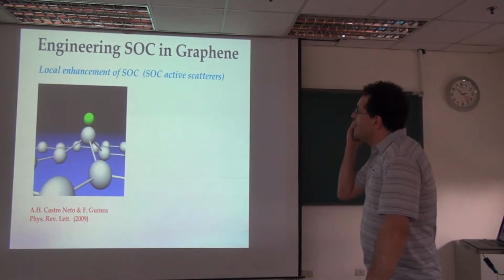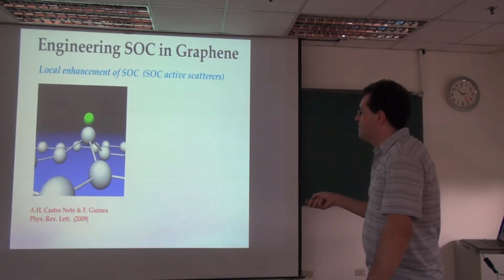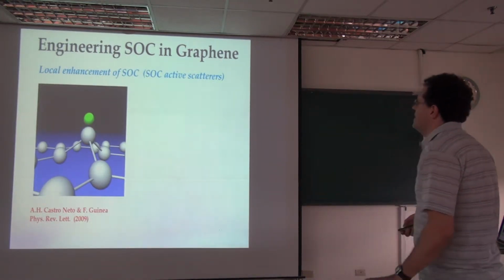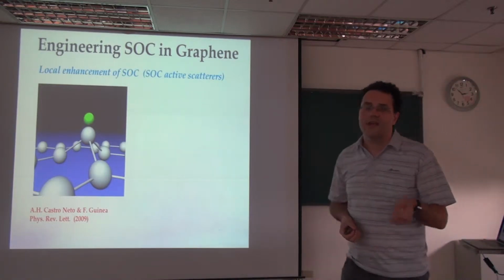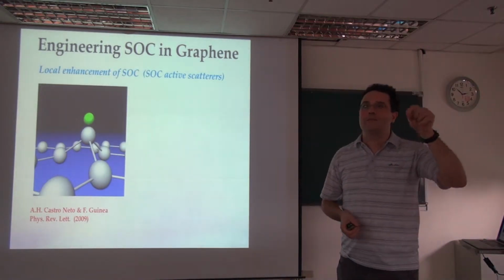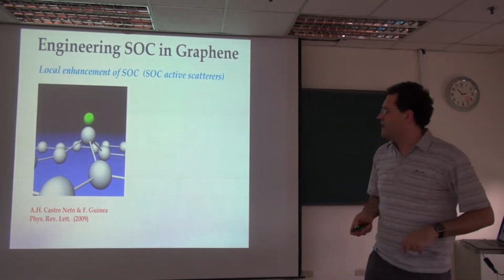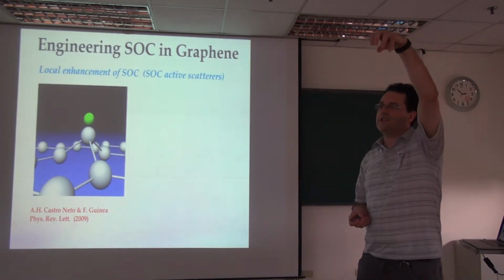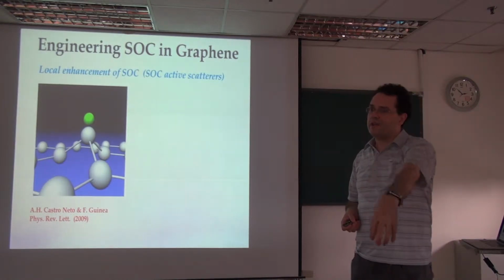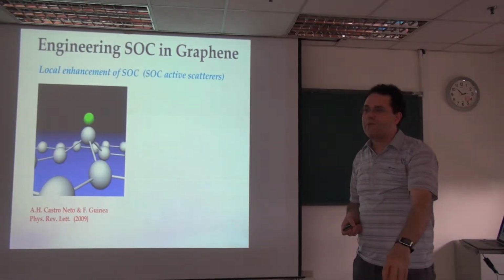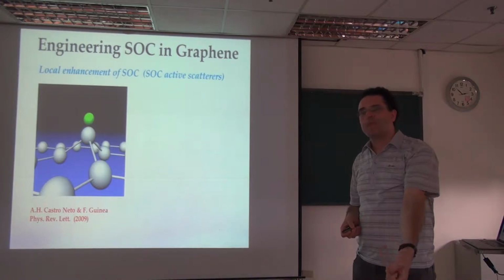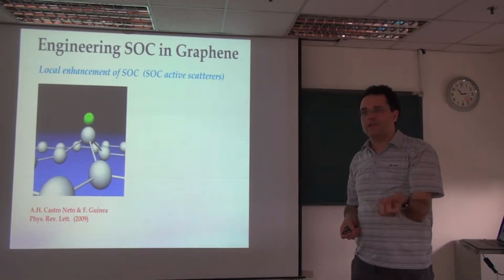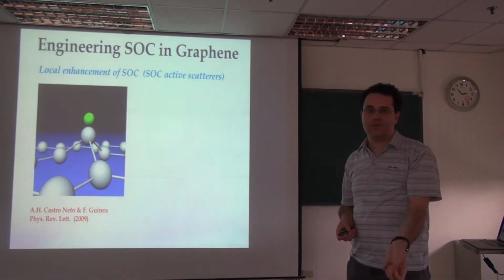Now, another idea, put forward by Cazalilla and Guinea, is to use not heavy atoms, but very light atoms. The idea is that if you take hydrogen, when hydrogen is deposited on graphene, it will strongly bind a carbon atom. It will form a chemical bond with it.